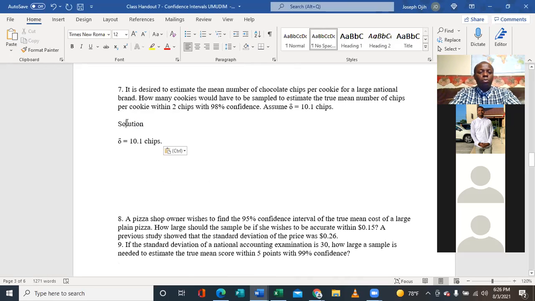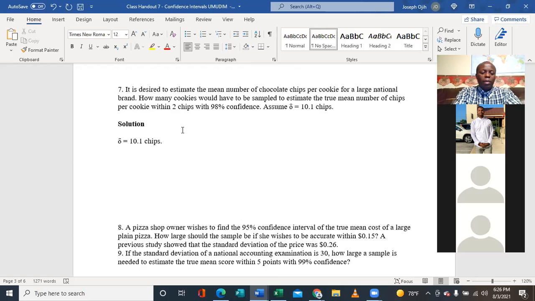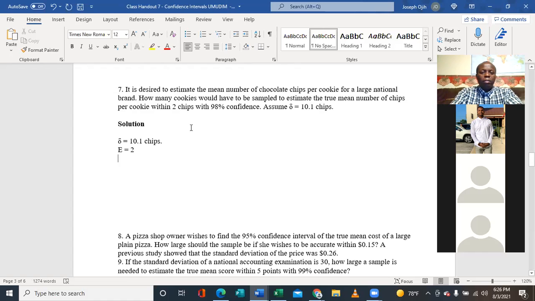Say the standard deviation is 2 chips. Now we have said how many cookies should be sampled to estimate the true mean of chips within 2 chips. So that means the error, if there's going to be a mistake, it's going to affect only 2 chips. So our error is 2 chips. Now, for 98% confidence, z alpha over 2.